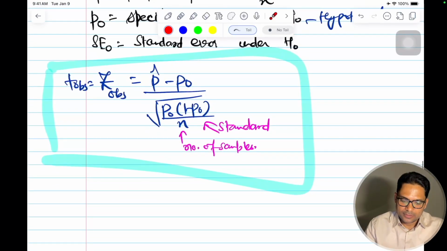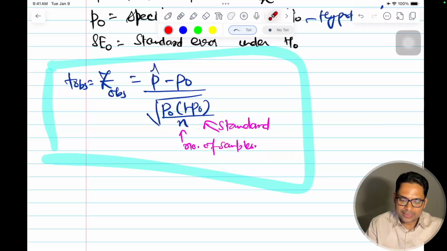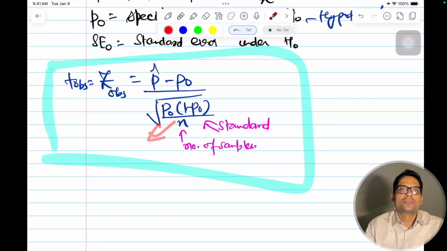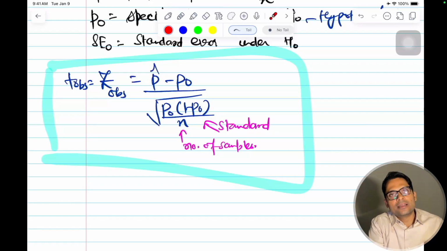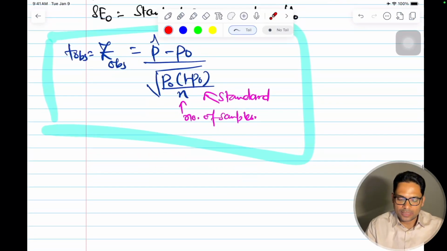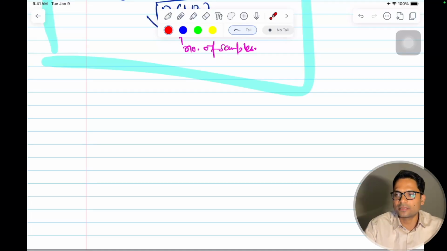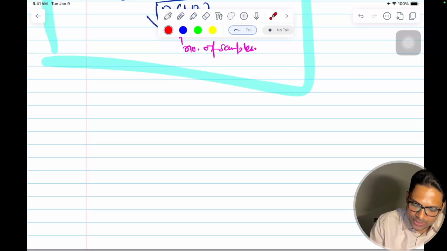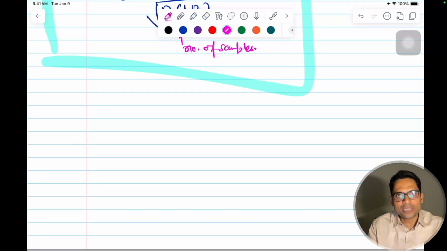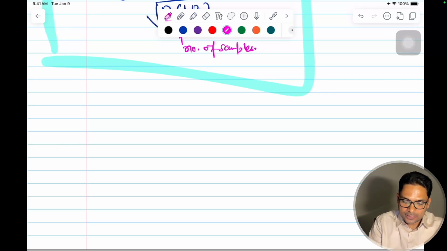In case of means, we compare the two means, and there is a standard error below. Standard error is a standard deviation only, of the observed statistic, and we infer something from that. It's nothing different.